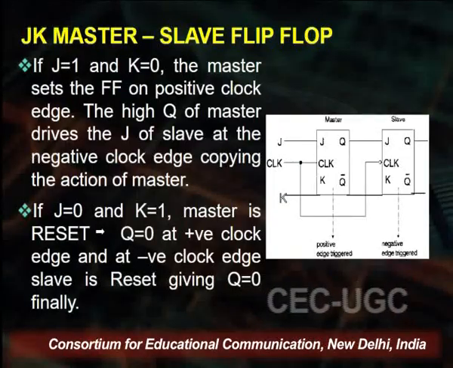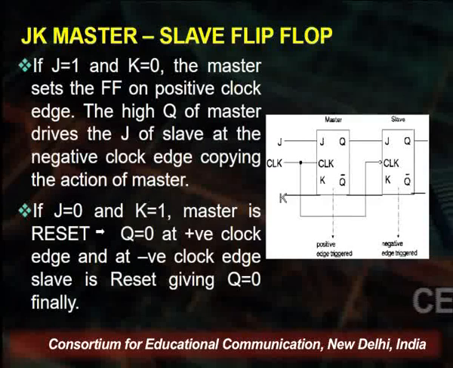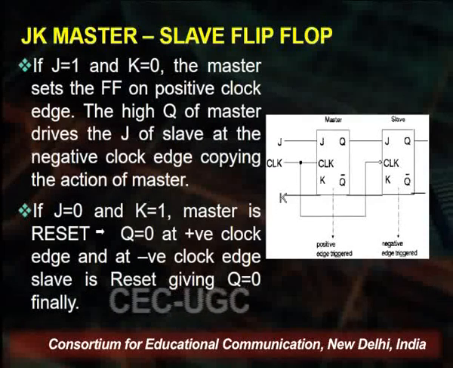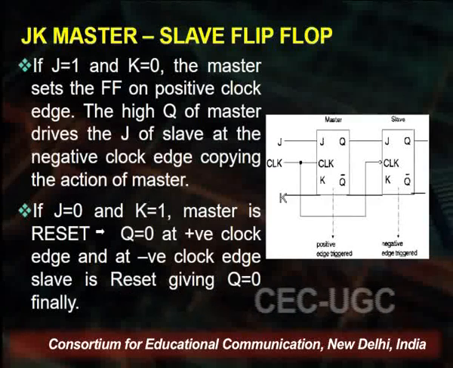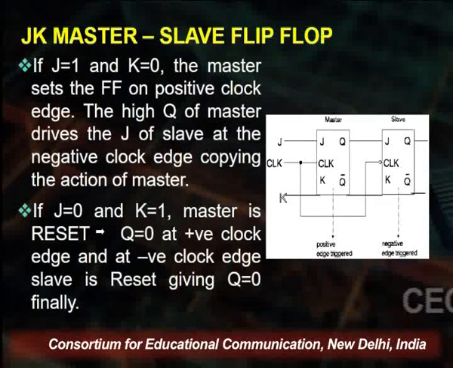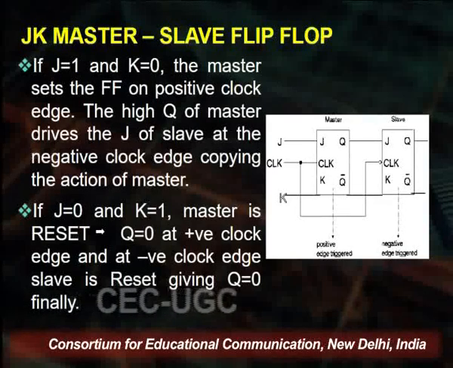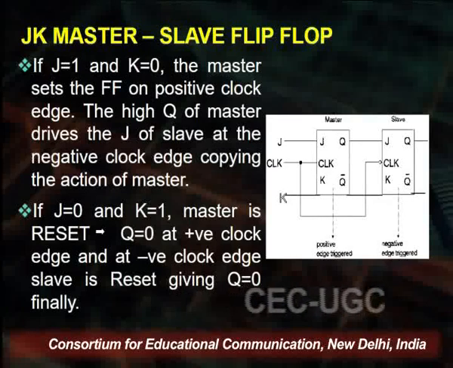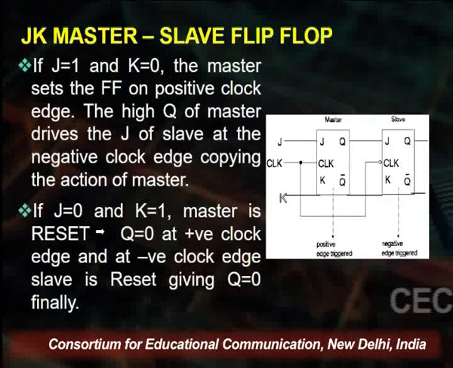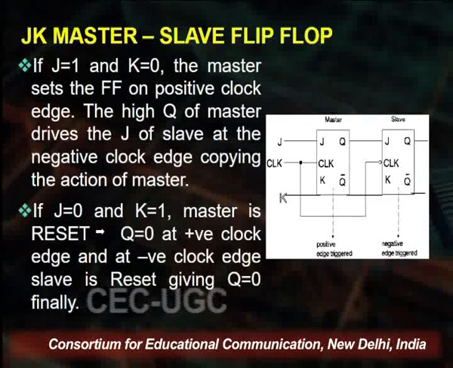So what we have here is the case of JK flip-flop with some minor modifications so as to overcome the problem of toggling, as we discussed last time in JK flip-flop when both J and K were equal to 1. In JK flip-flop we split the flip-flop in two parts. One is taken as the master, another as the slave.